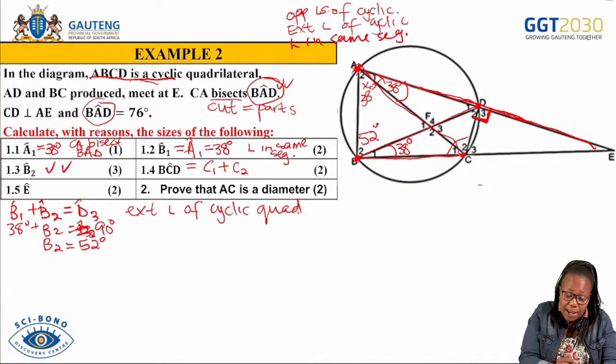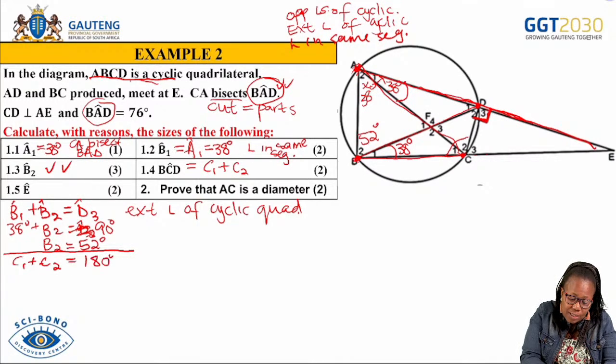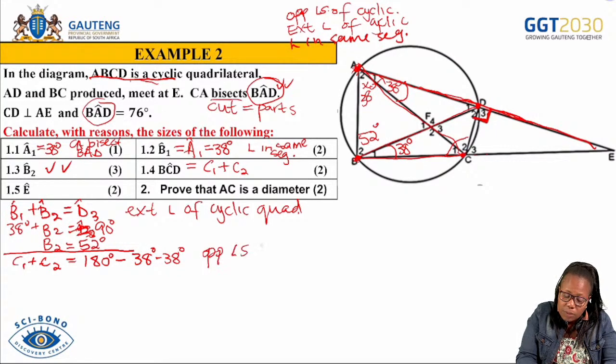Therefore, we can apply the cyclic quad to solve that one. We are saying angle C1 plus C2 is equal to 180 minus the opposite angle, which is 38 plus 38 degrees. Why, grade 12? Because opposite angles of a cyclic quad are supplementary.